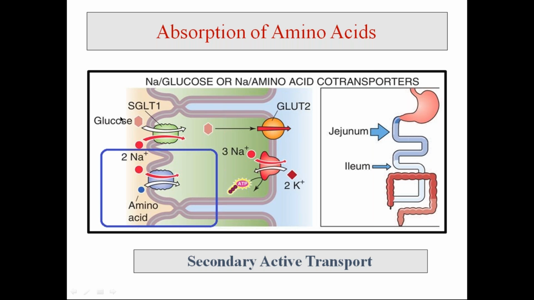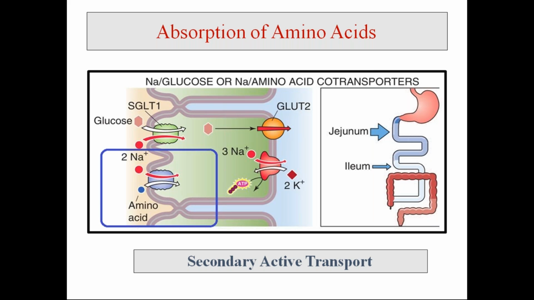Here, like you had for the sodium glucose co-transporter, you also have a sodium amino acid co-transporter, and the energy for this is provided by the gradient which is established by the sodium potassium ATPase pump, right?